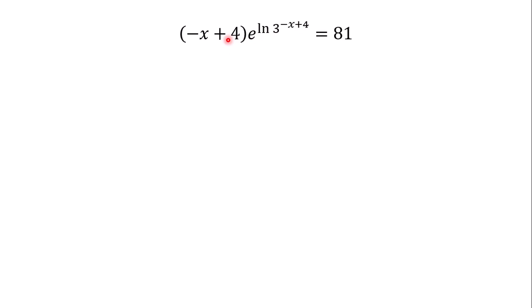So what we will do is multiply through by natural log of what is here. Here it is natural log of 3. When we bring this to this side, it will be minus x plus 4 times natural log of 3. But when you come here, it's minus x plus 4. So we have to multiply the equation through by natural log of 3, so that what is here will be the same thing as what is here.